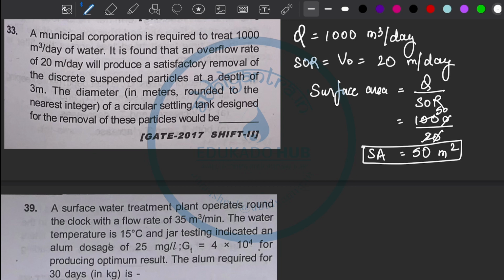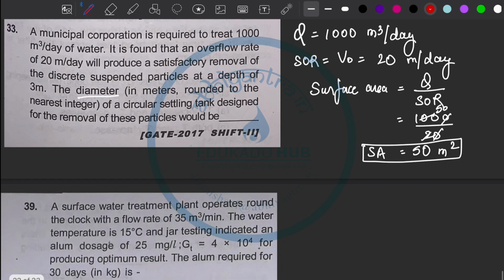Now I have the surface area of the settling tank. I want to calculate the diameter of the circular tank. If the tank is rectangular, the surface area will be B into L, and if the tank is circular, the surface area will be pi d square by 4.